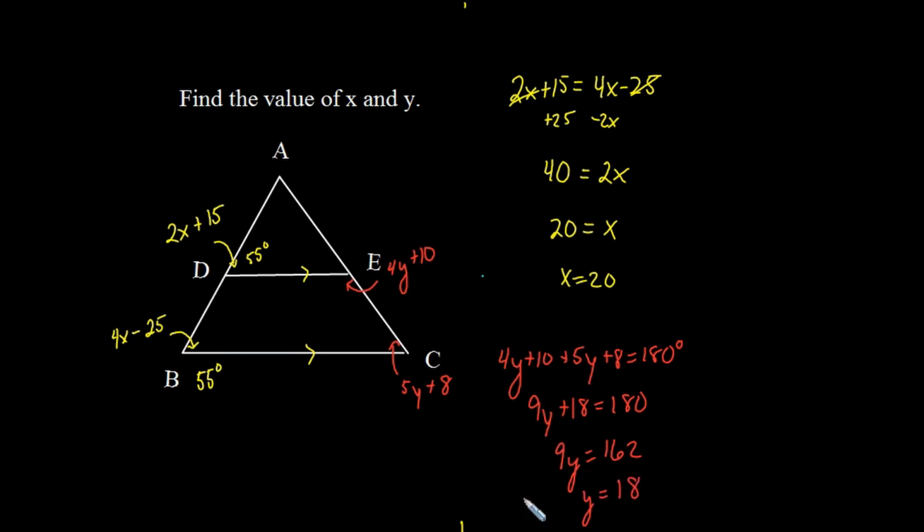And then we can go back and substitute back in again if we were asked to. We're not asked to on this problem, but we can check our work very quickly by doing that. 5 times 18 plus 8, that gives us 90 plus 8, which is 98. 4 times 18 plus 10, that's 70.